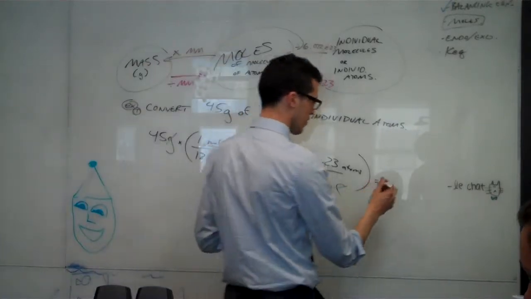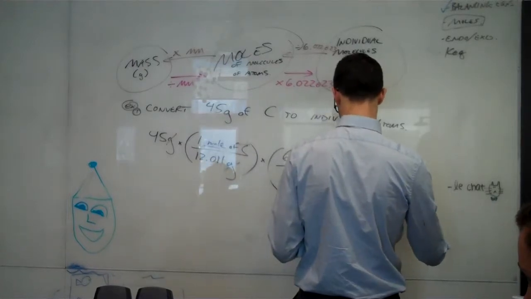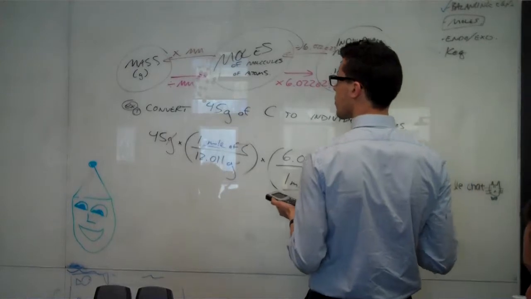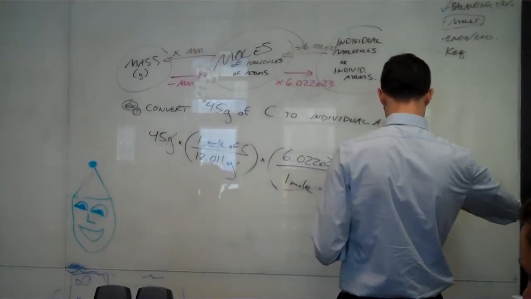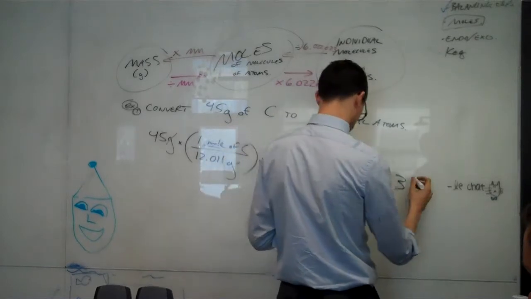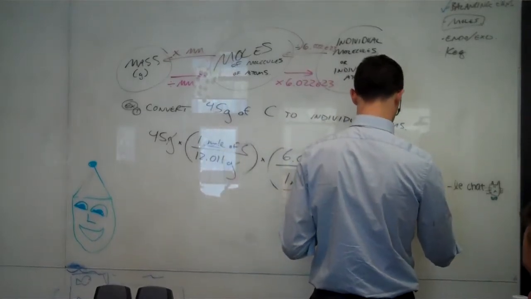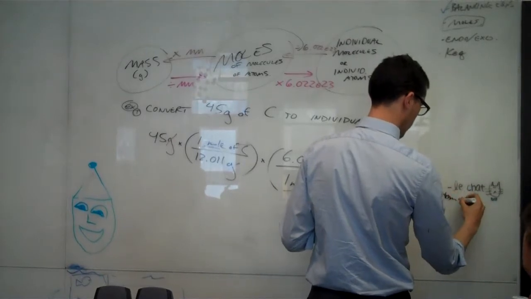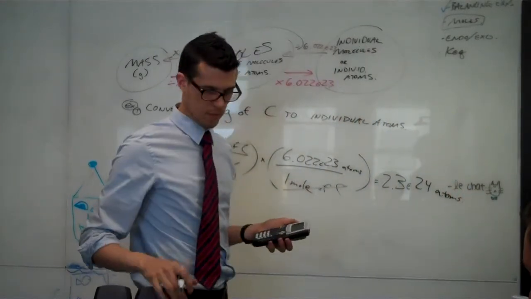Yeah, that's the same thing. If you do it as 45 times that fraction, you get the same answer. So we only have 2 sig figs, so this is going to be 2.3 times 10 to the 24th.